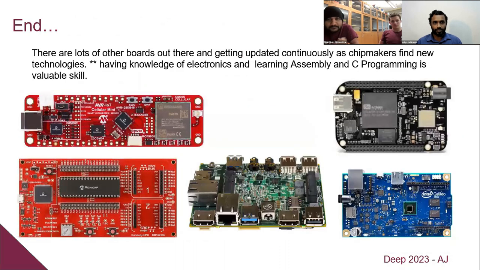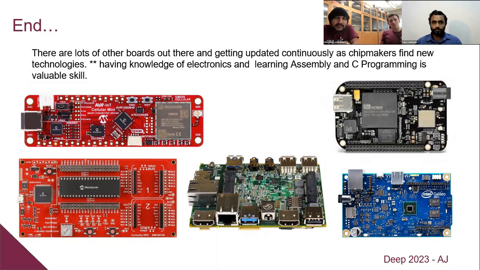So there are lots of other boards out there. BeagleBone, you can see that black one here. This is from Intel, and this is from AMD. This is Microchip. So if you can learn electronics, assembly and C programming are very valuable skills.